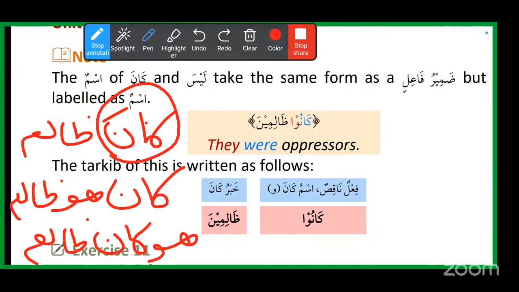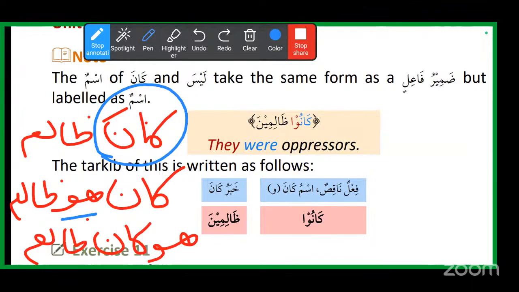Where is the ismu kana? In the example kana zalimun, kana is the فعل الناقص, and then huwa is the damir mustatir in it. So huwa, which is mustatir, is the mubtada. اسمه كان cannot be seen, but huwa is the mubtada.